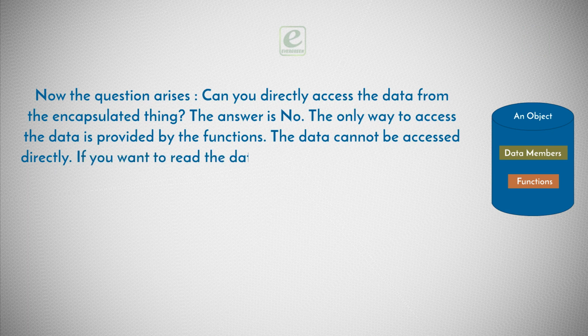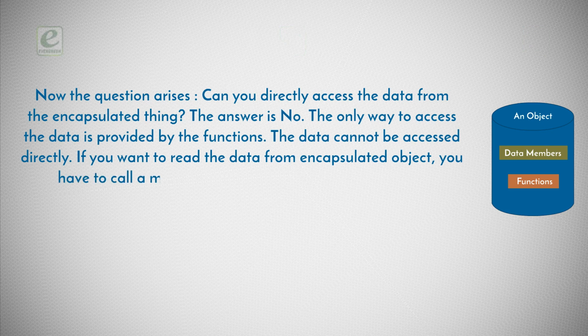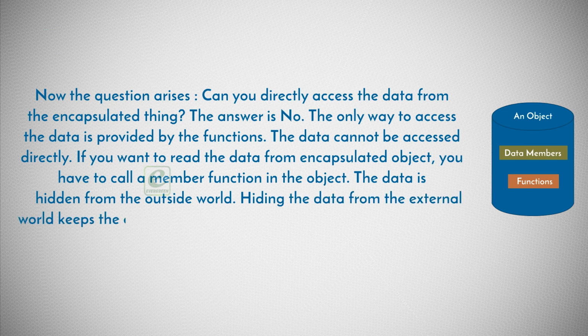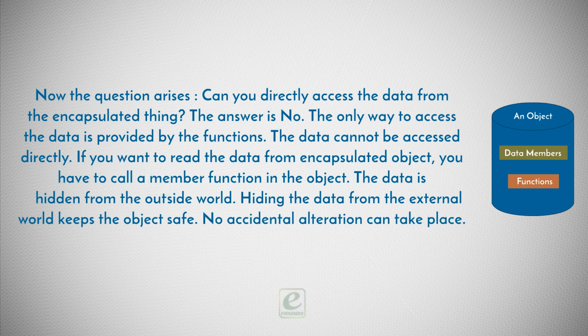If you want to read the data from an encapsulated object, you have to call a member function in the object. The data is hidden from the outside world. Hiding the data from the external world keeps the object safe. No accidental alteration can take place.